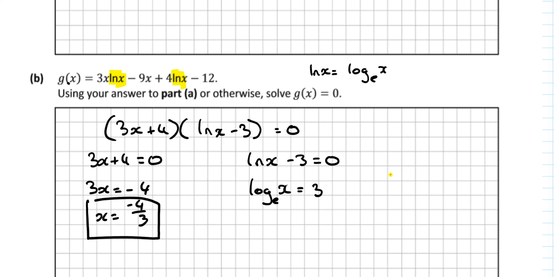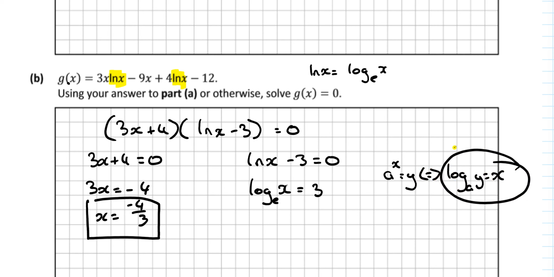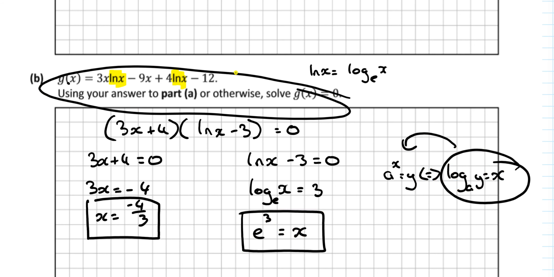And then use page 21 of your log tables, which says a to the x is equal to y is the same as log to the base a of y is equal to x. So you'd be using this to change it to index form, and it's e to the power of 3 is equal to x. You have to check which one, because in the question it doesn't say anything about plurals, so check which one of the answers it is.